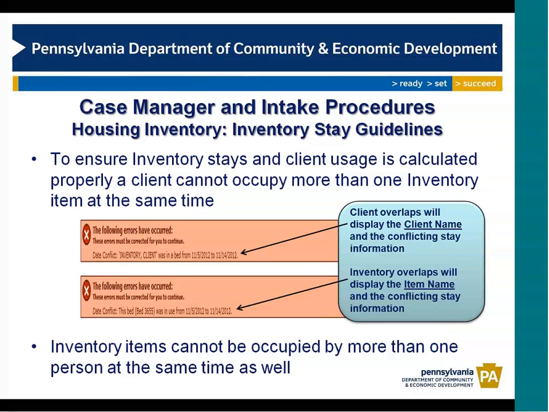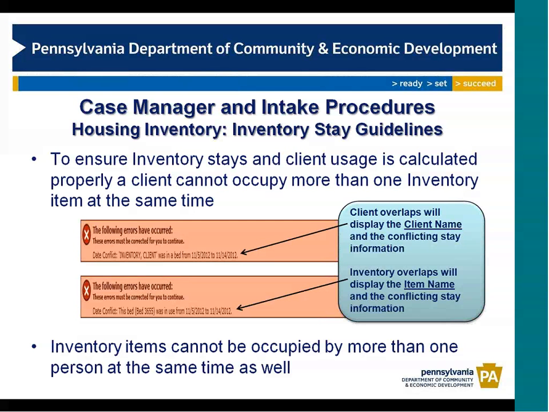Another inventory stay guideline we want to talk about: to allow all current and historical stays to be reported correctly and allow inventory usage to be calculated properly in the system, there are a couple of overlap rules, one on the client side and one on the inventory item side. A client cannot occupy more than one inventory item at the same time.